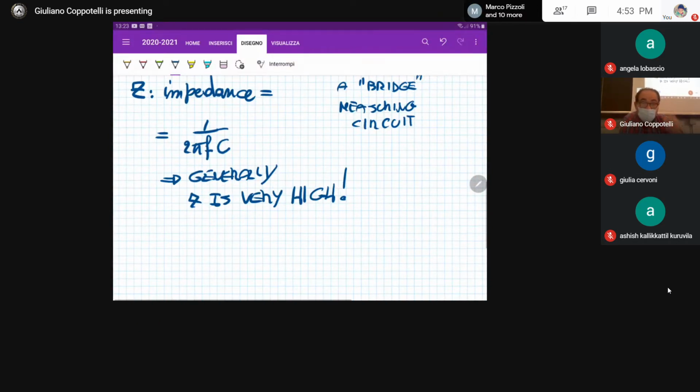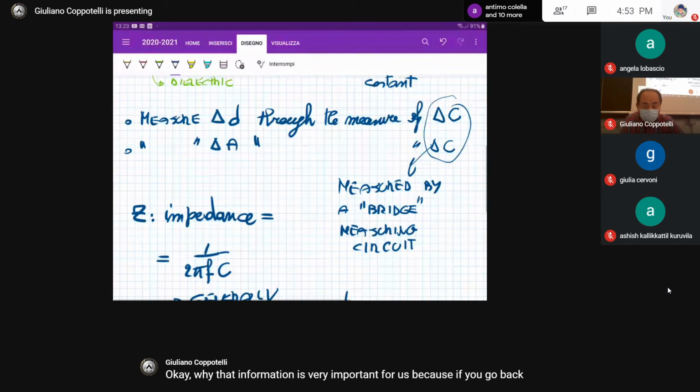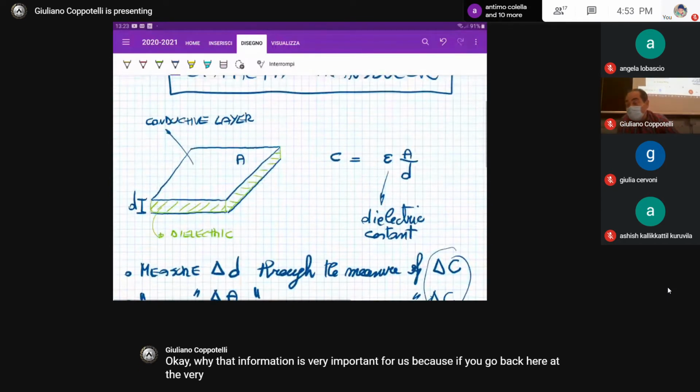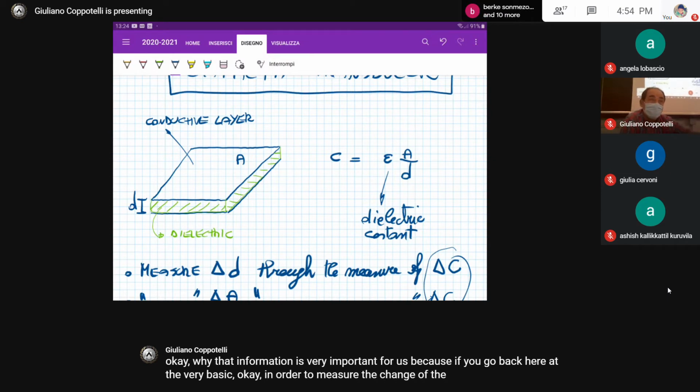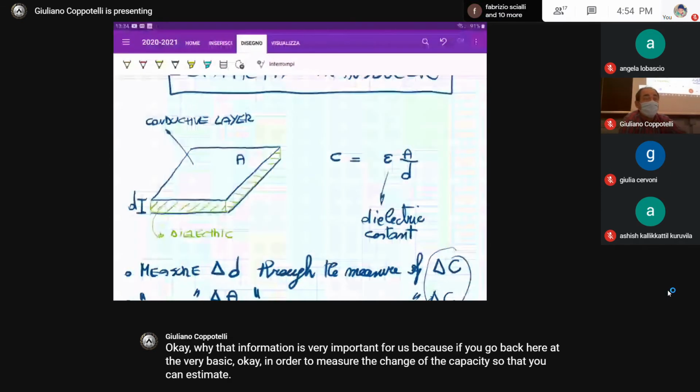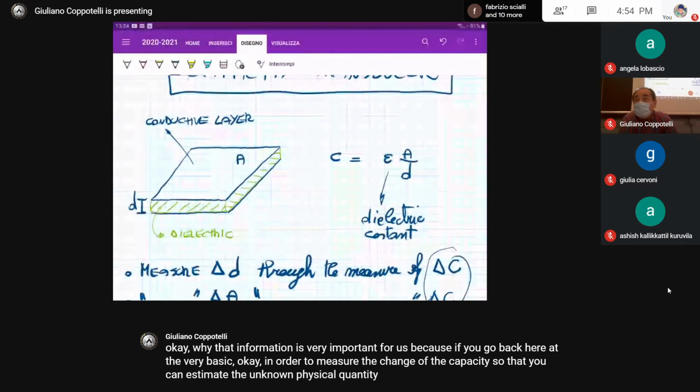Okay. Why is that information very important for us? Because if you go back to the very basics, in order to measure the change of the capacity so that you can estimate the unknown physical quantity, you need to measure that.